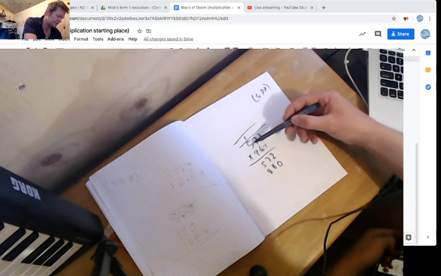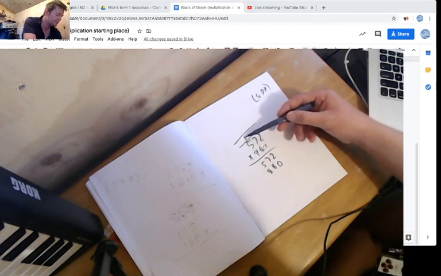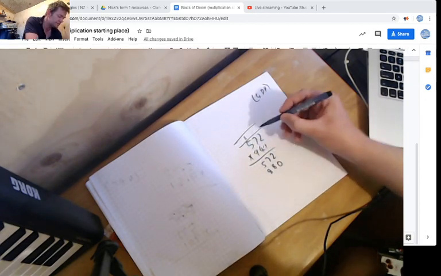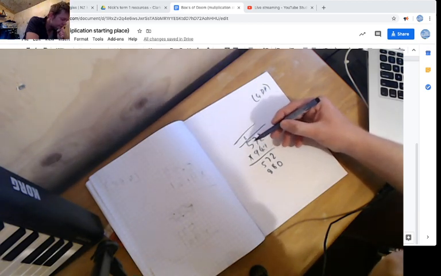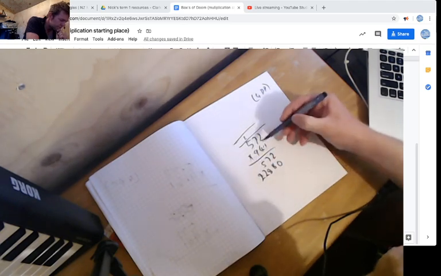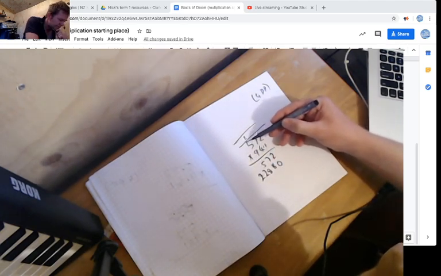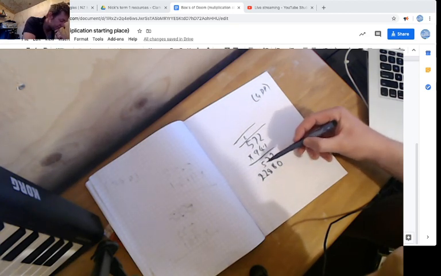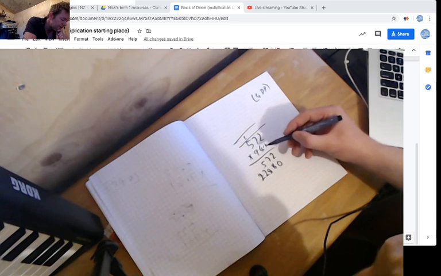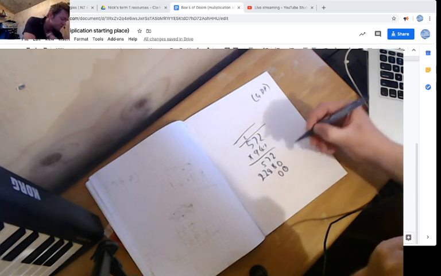This one is 20. And I'm going to add that 2 to it. So it's actually going to be 22. 4 times 5 is 20 plus 2, so it's 22. So my first line was this. My second line was this. My third line, now I have to add 2 zeros.